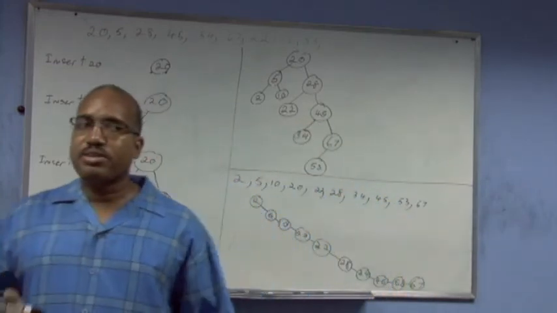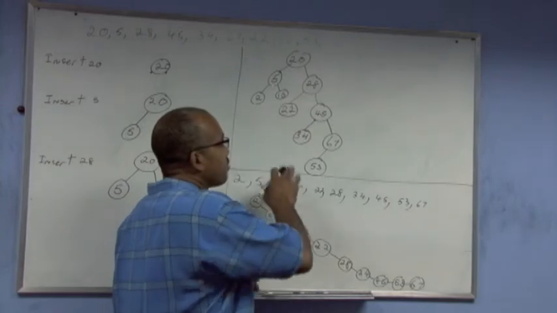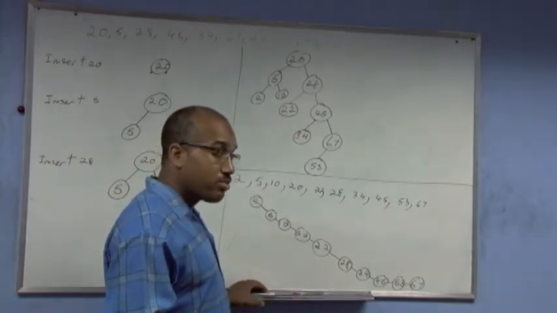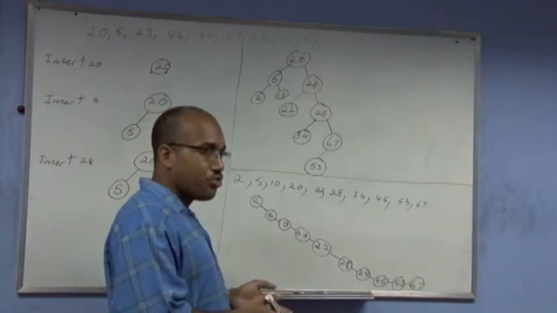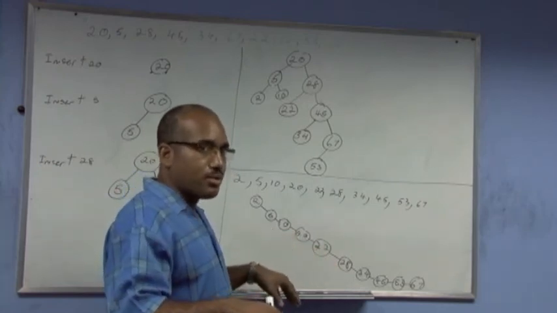And there are trees that enforce that, and we're going to be looking at one of those shortly. But the default binary search tree behavior doesn't enforce that. So it is possible to have a binary search tree having a very unbalanced look.